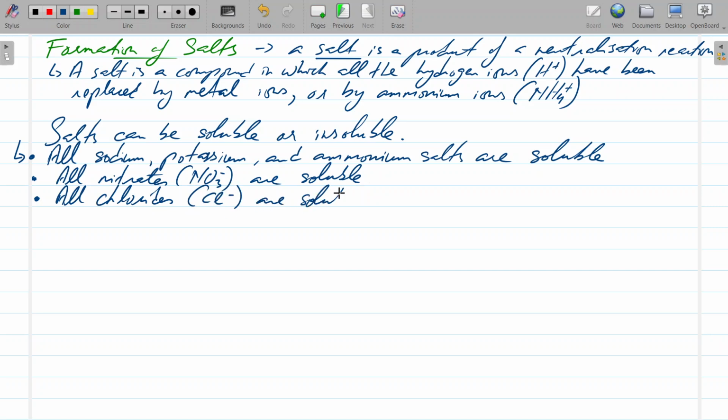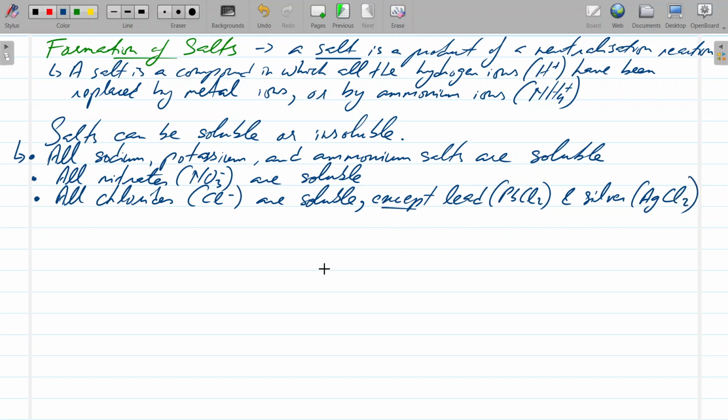When they say all, that means any metal that goes with them. Any metal that goes with a nitrate is going to be soluble. Any metal that goes with a chloride is going to be soluble, except lead and silver. So lead chloride, PbCl2 if I'm not mistaken, and silver chloride, AgCl, these two are insoluble.